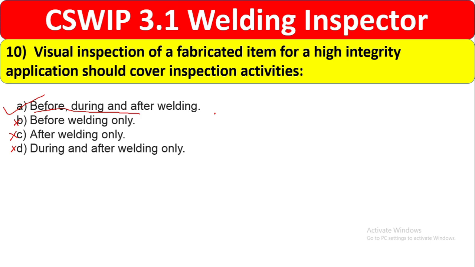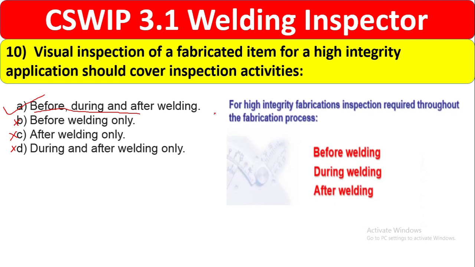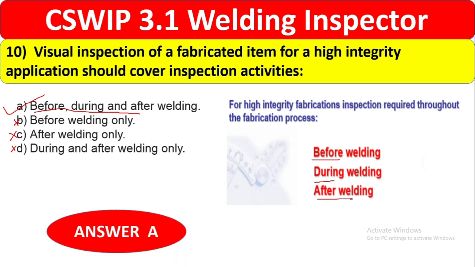These are the three things you have to do: before welding, during welding and after welding. Then you have to complete the inspection. For high integrity fabrication, inspection is required throughout the fabrication process, before welding, during welding and after welding. So the correct answer is option A.